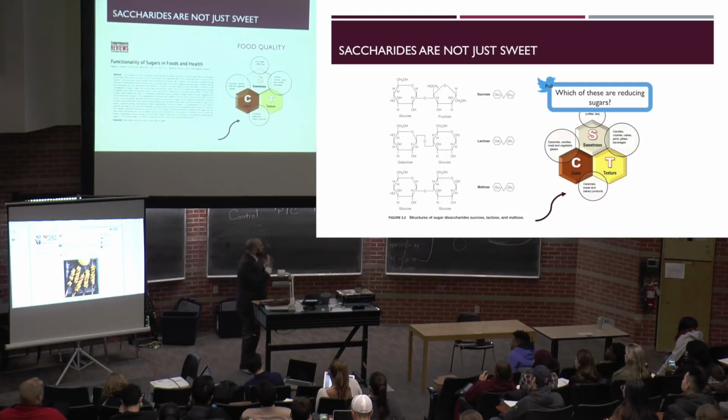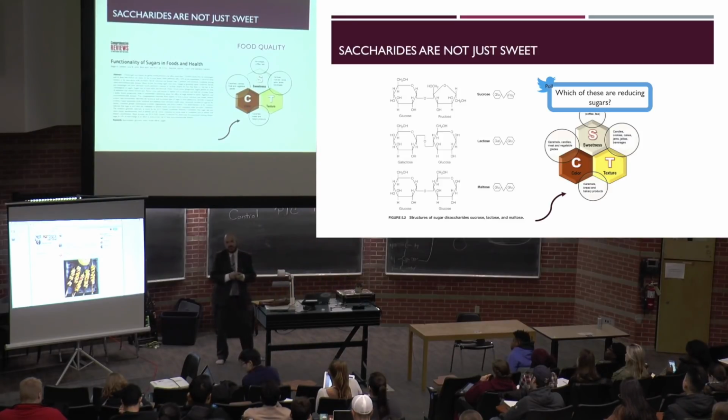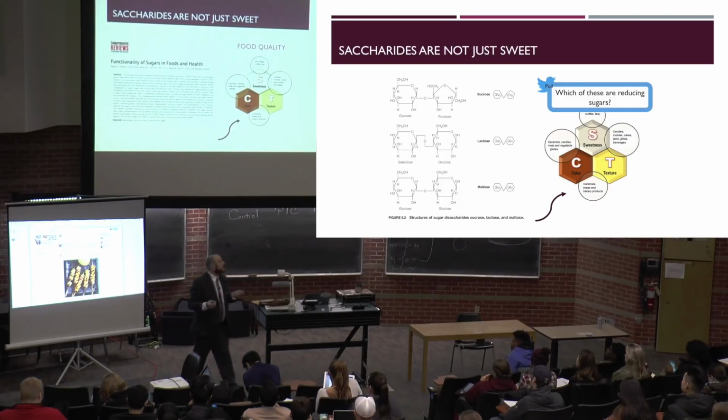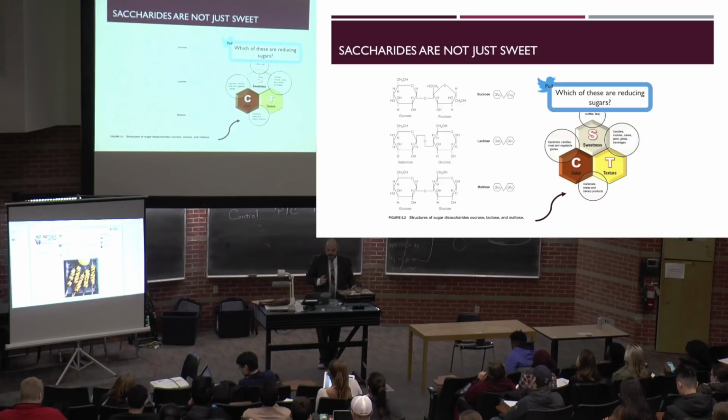So again, when we talk about color, the brown colors of caramels, the brown color of soda pop, all of that is essential when we talk about the importance of sugar in our food. So again, it's not just about sweetness.